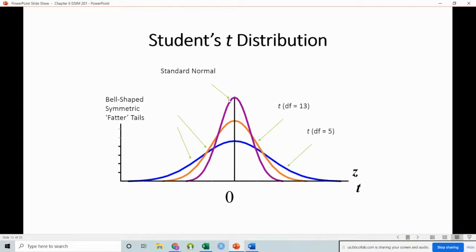And then this one is the normal distribution, and we can see that as the sample size and degrees of freedom increase, we approach the normal distribution. Thus, generally, once you have a sample size higher than 30, you can use a z-score and the normal distribution.